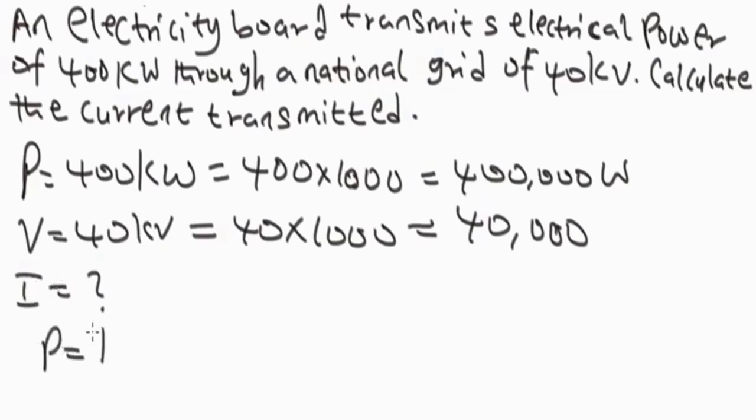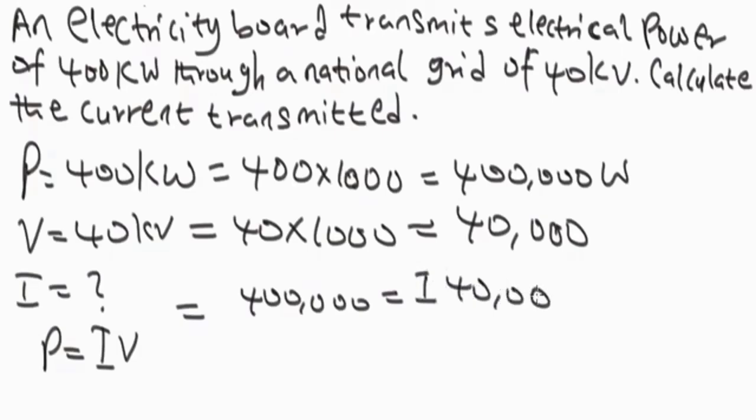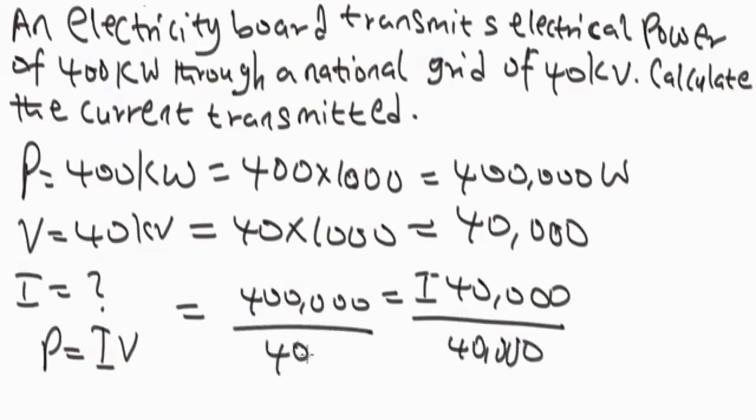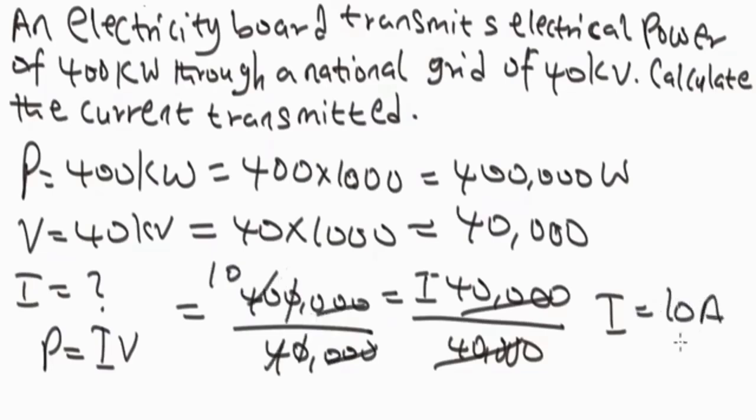So power equals IV, which will be 400,000 equals current times the voltage, 40,000. To get current, divide both sides by 40,000. It will cancel, and we have 10. So current will be 10 ampere.